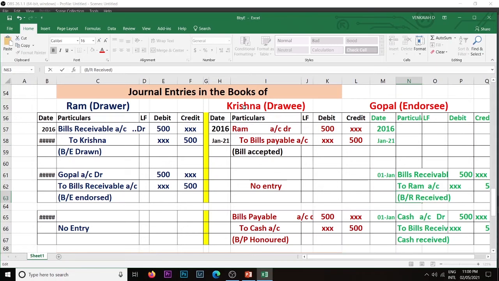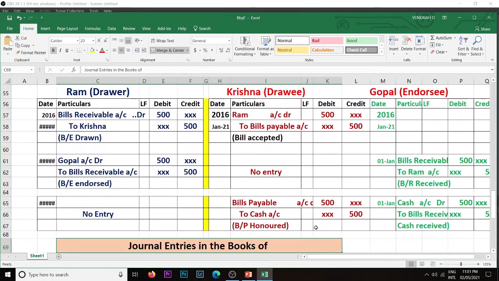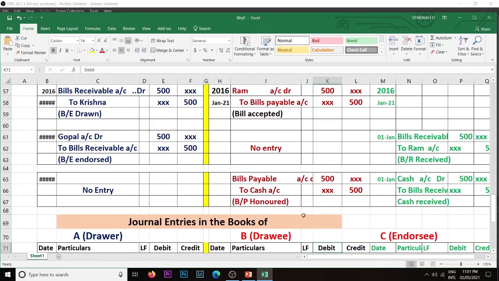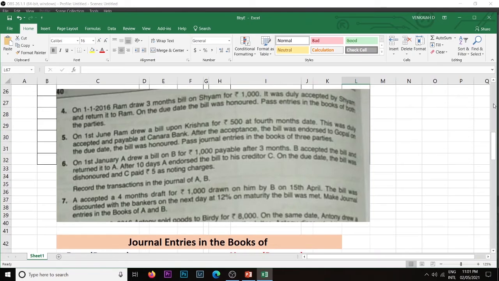So the bill amount was received and paid between Krishna and Gopal, and there is no journal entry in the books of Ram. He is in no way concerned with this transaction. Okay, right. Now coming to the fifth problem.